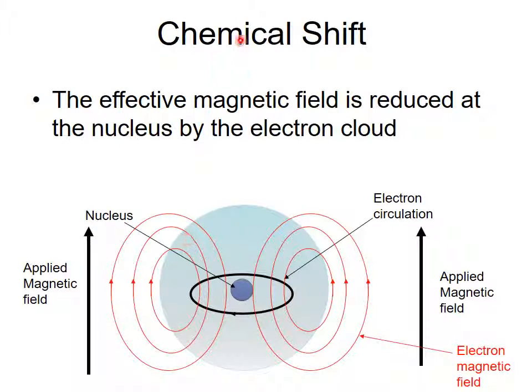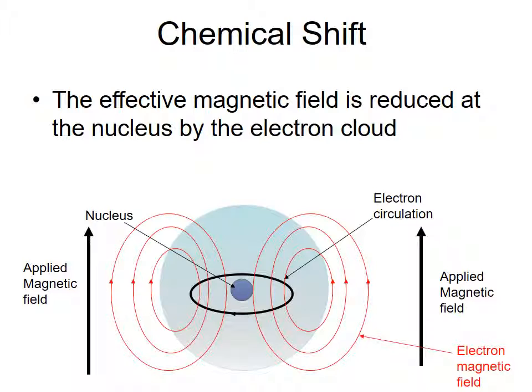So we have to keep that in mind when we're looking at what we're doing. In order to understand what we're looking at in a proton NMR, you have to understand how the energy of flipping the nuclear spin occurs. We know that when we apply a magnetic field, it causes the nuclei to spin aligned or spin anti-parallel, and the difference between those states will be the same energy as a radio wave.